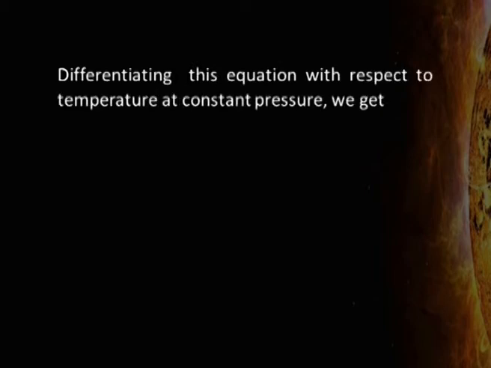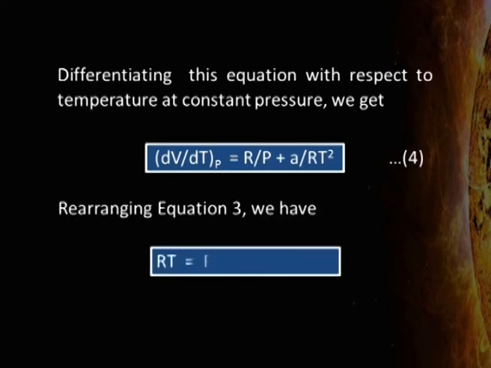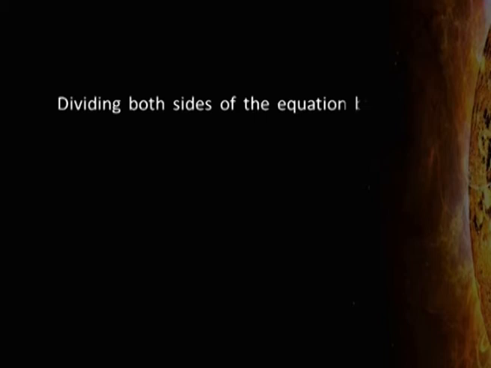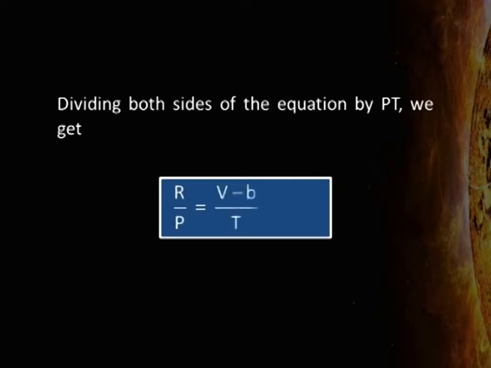Differentiating this equation with respect to temperature at constant pressure, we get dV by dT at constant pressure equal to R upon P plus A upon RT square. Rearranging equation 3, we have RT equal to P multiplied by V minus B plus AP upon RT. Dividing both sides of the equation by PT, we get R upon P equal to V minus B upon T plus A upon RT square.